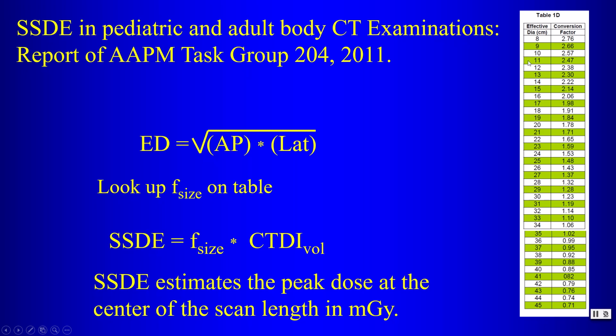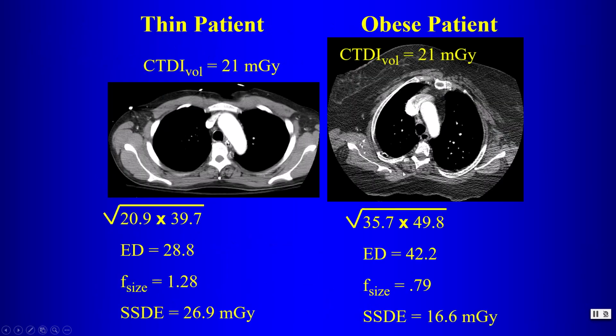And as you can see, as the effective diameter increases, that conversion factor is decreasing, telling you that as the patient is getting larger, the actual dose that the patient is receiving is decreasing. And so this SSDE estimates the peak dose at the center of the scan in milligray.